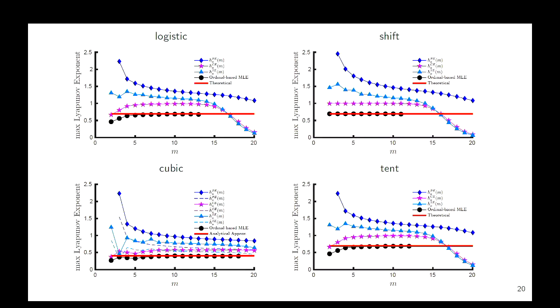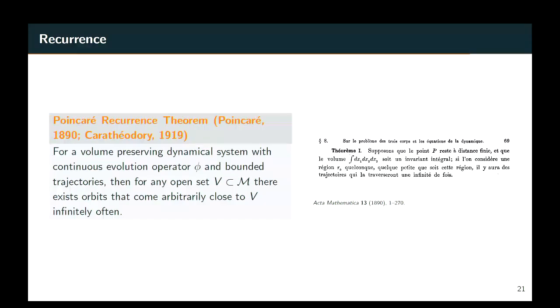Now where I want to finish, though, is not with Lyapunov exponents, but in some more recent work. And when I say recent work, I'm going to start with this theorem from 1890. I guess Poincaré is probably familiar to most people in this room. If anyone speaks French, and I know some of you do, and I've Google translated it, please let me know.